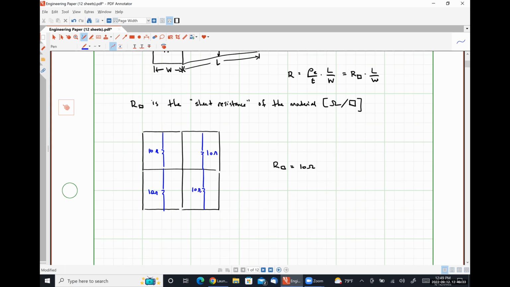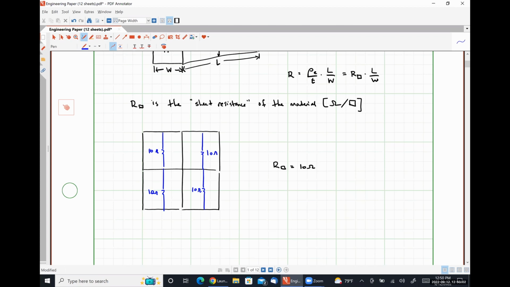So I can interpret this in 2 different ways. I could say that it's 10 in series with 10 in parallel with 10 in series with 10, which looks like 10 overall. Or I could look at it as 10 in parallel with 10 in series with 10 in parallel with 10, which also just looks like 10. It does not matter literally how you cut it, slice it, or whatever.